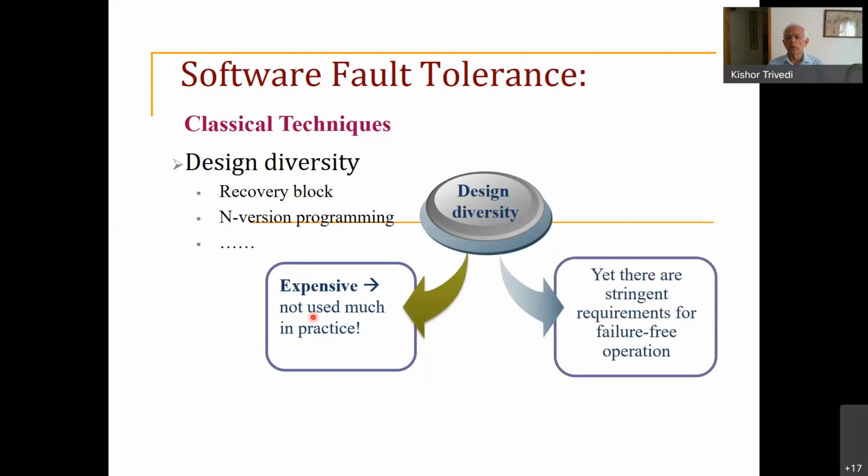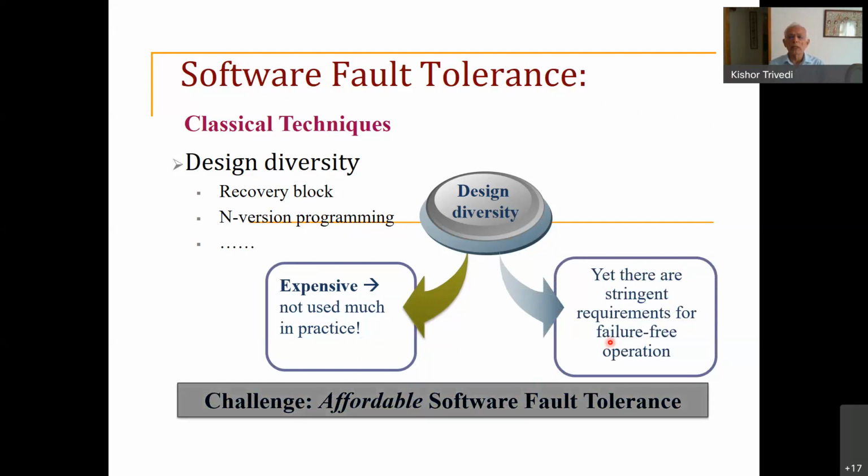It doesn't get used very much in enterprise systems, yet stringent requirements of failure-free operation exist even in those systems. So what we then need is affordable software fault tolerance, as opposed to the expensive software fault tolerance provided by the classical techniques which you find in the textbooks.